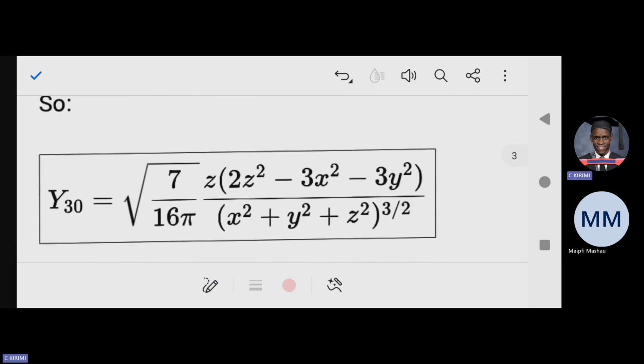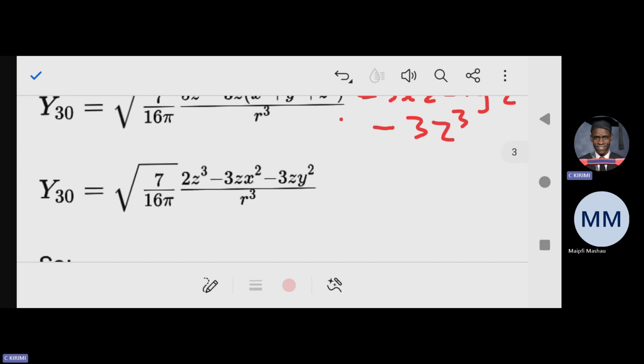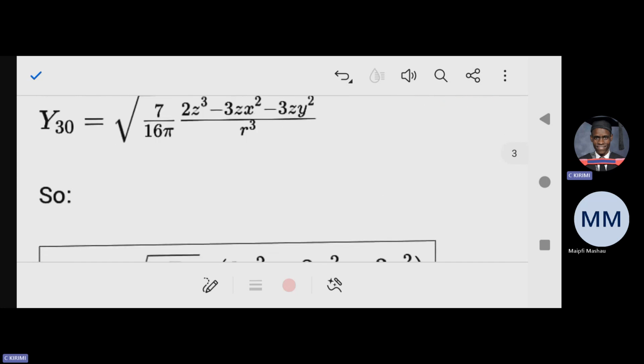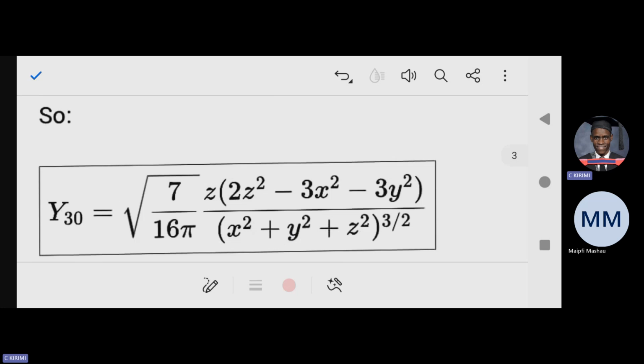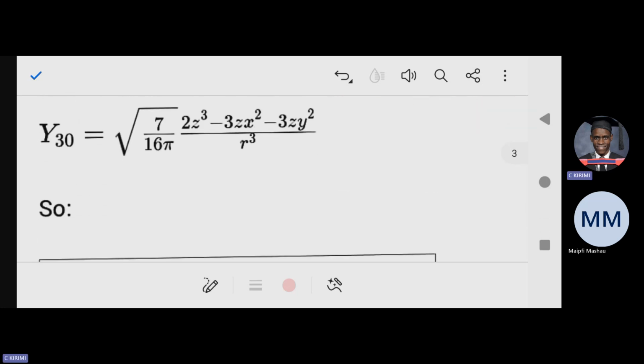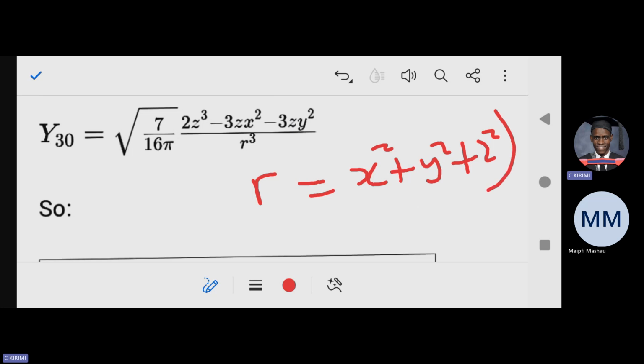Then from there, it's a matter of what r cubed is in terms of x and y. So this is what r cubed is, just the play of exponents. We are saying r is equal to x squared plus y squared plus z squared, but everything is to the power half.